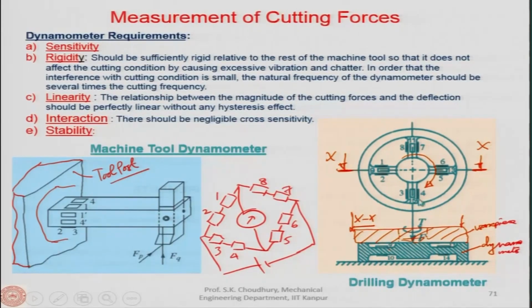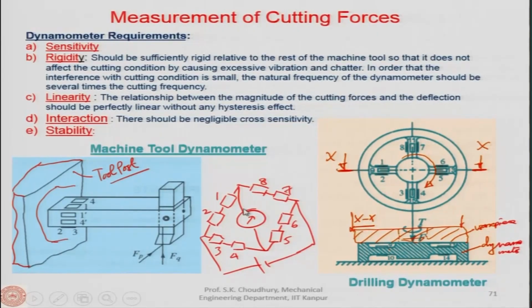I am not maintaining according to this, but I am saying that they have to be located in opposite directions so that it can nullify the other effects, all right. So, 1, 2, 3, 4, 5, 6, 7, 8 will actually measure the torque once again. A similar Wheatstone bridge can be made of 9, 10, 11, 12, 13, 14, 15, 16, which will actually sense the thrust, all right.